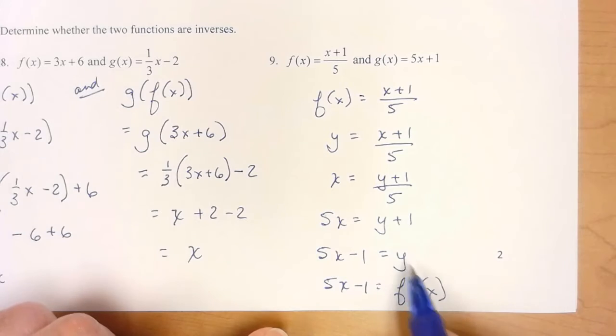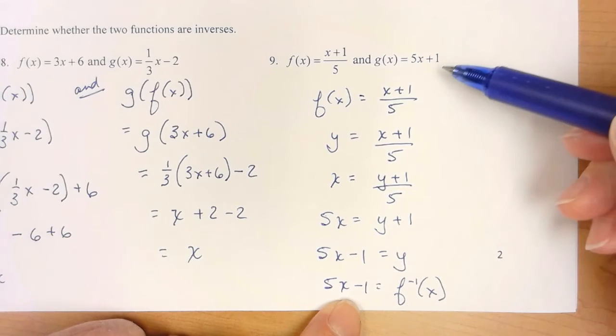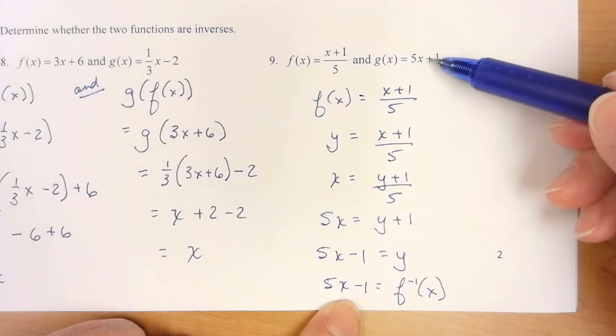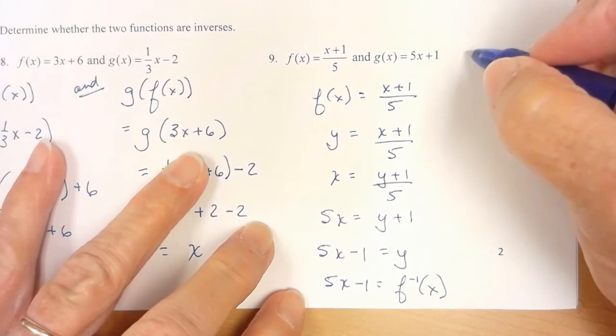And then replace the y with f inverse. Check and see if this is what was given up here. Now if they had had a minus sign here, then I would have said they were inverses of one another. But with respect to this one, no, these are not.